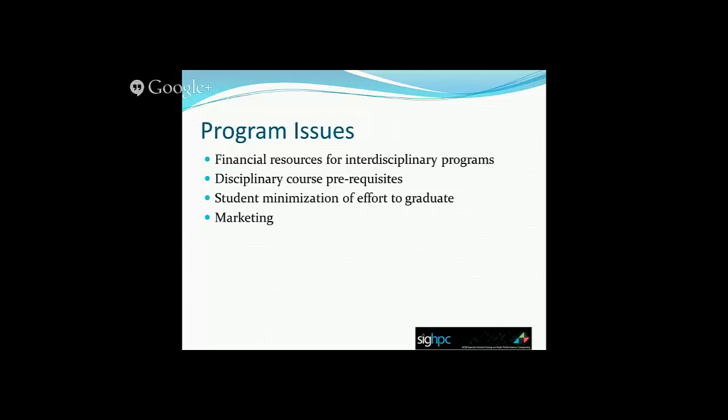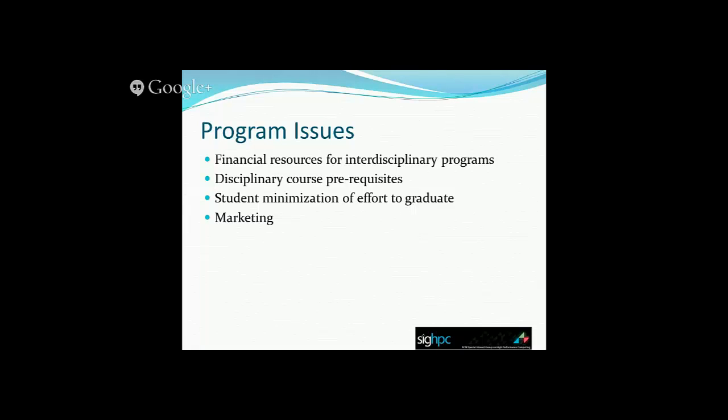So there's several issues then that arise from these organizational things. One is issues of financial resources for interdisciplinary programs. Financial resources have to do with teaching loads and all kinds of things at the university. If an institution has a limited number of faculty with expertise in a particular area, that means that those faculty may be overburdened to teach courses in computational science.